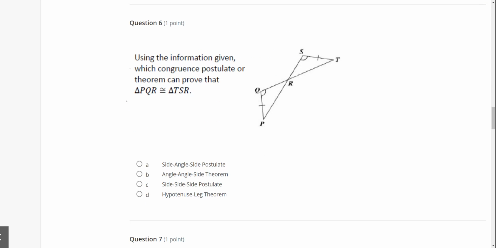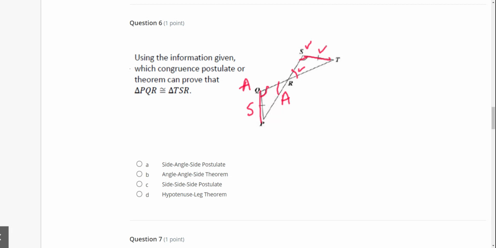What can I mark in question 6? Nice. So I've got an angle at Q and one that matches it at S. And I've got an angle at R and the vertical that matches it in the other triangle. And then I've got this side, right? And the side over here that matches it.